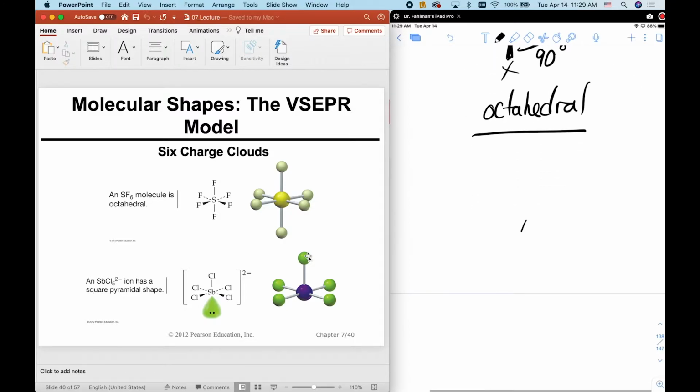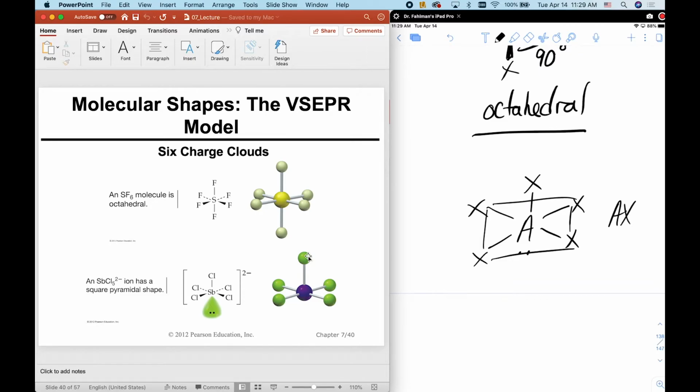To think about it like this first, we're going to say that's the one that goes away, and now you've got a square. So our AX5L is square pyramidal, or square pyramid.